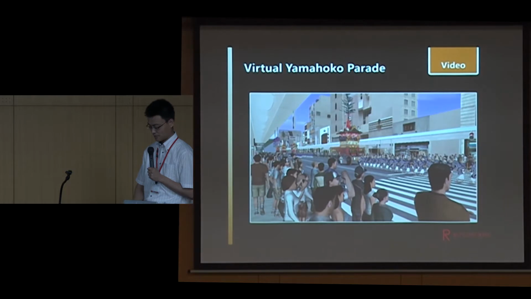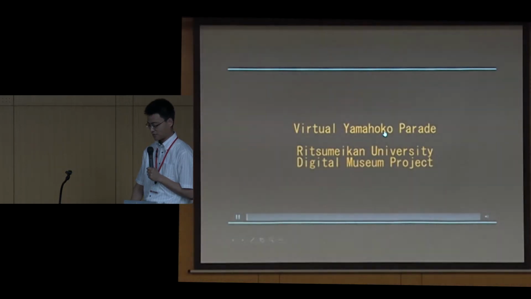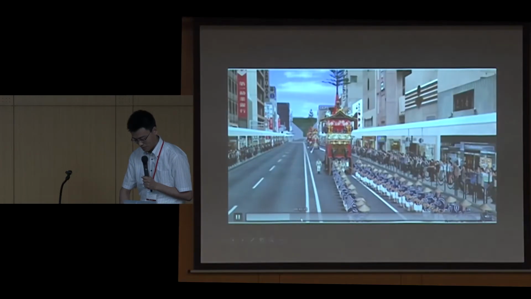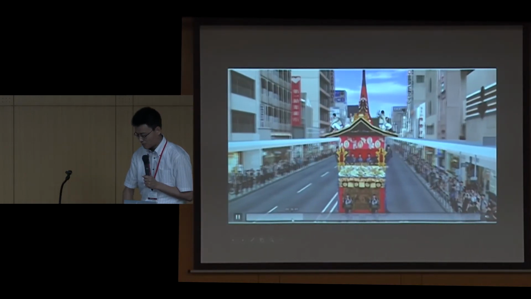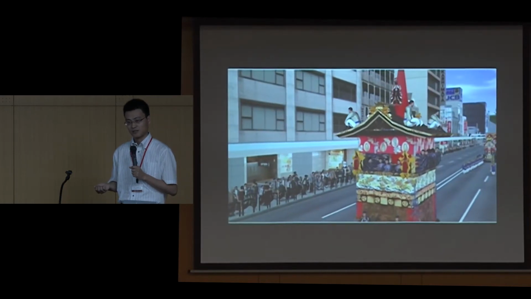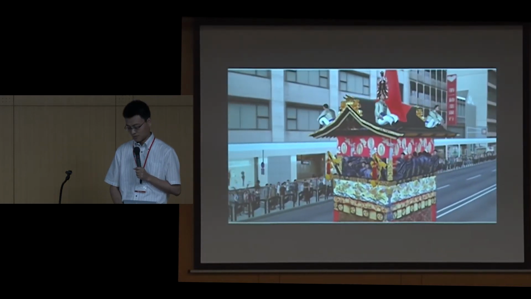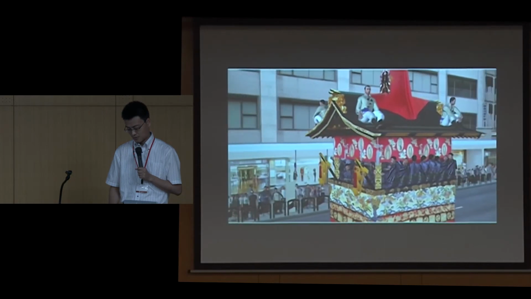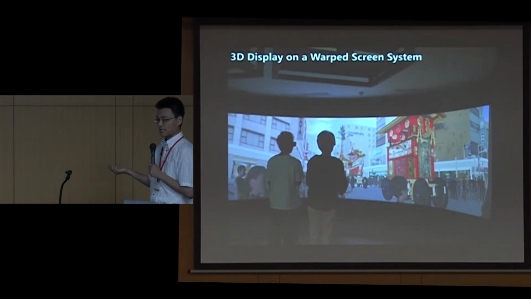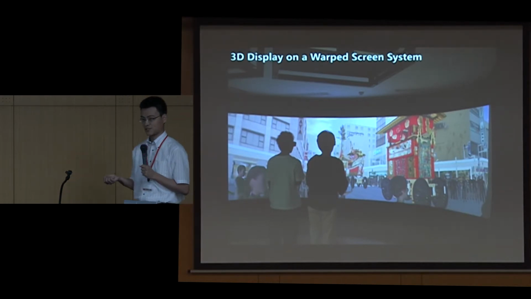So this is a demonstration of the virtual Yamahoko Parade. Maybe we don't have enough time, so I will skip a little bit. You can see this is a video, but in fact it's an interactive CG environment. We can put it on a big screen with 3D, and you can use 3D glasses to perceive it.